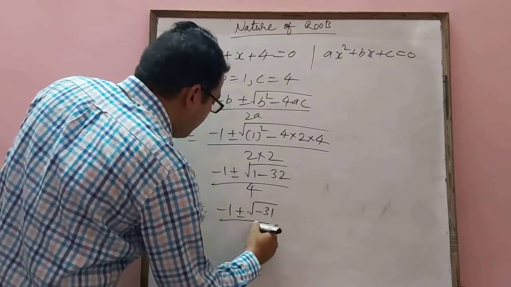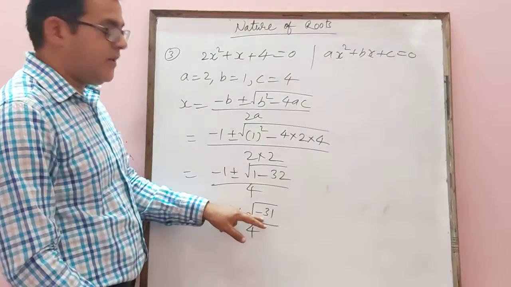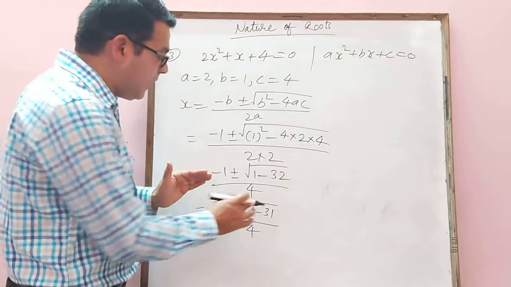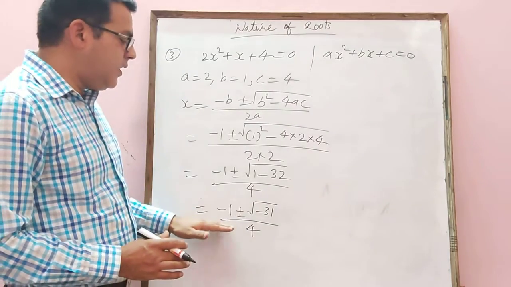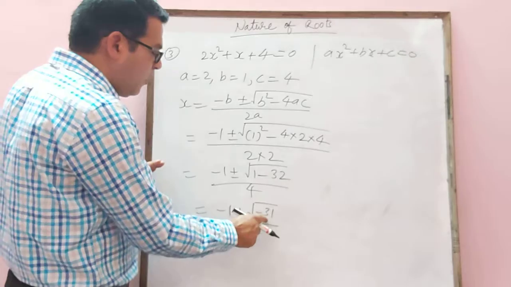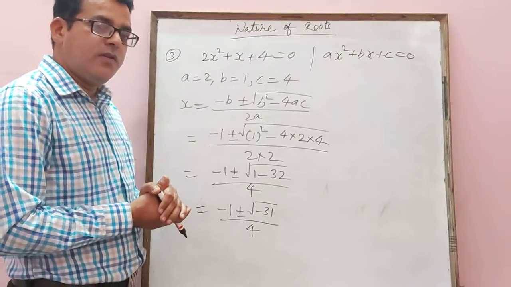Now you can see here the value of d, that is discriminant, it is negative. Minus 31 is coming. Means it is less than 0. So we are unable to solve with this because we don't know what is the square root of minus 31.